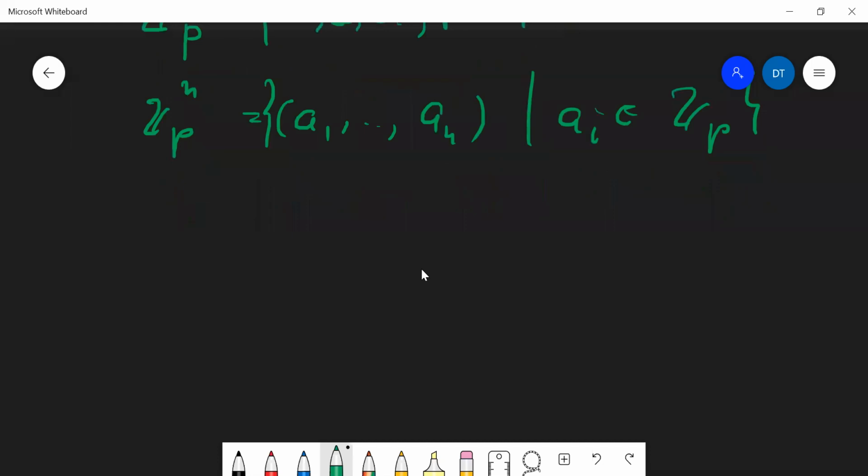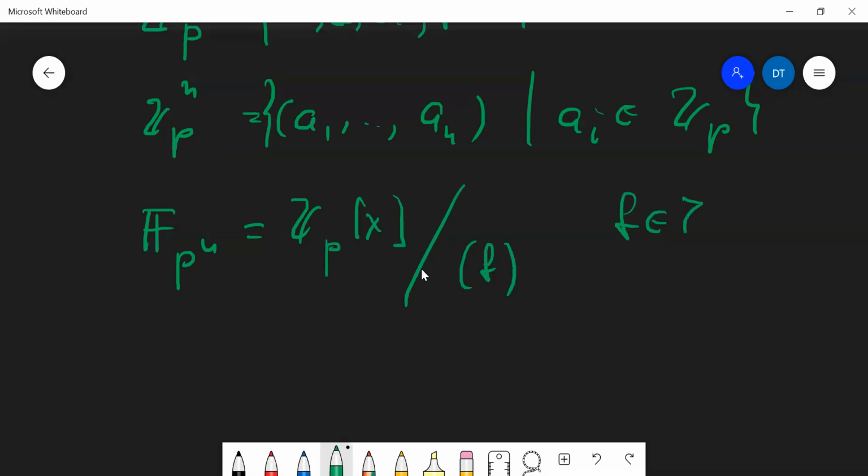Well, here is the plan. You take F_p^n. You produce it as a quotient ring, Z_p[x] quotient by f, where f is an irreducible polynomial in Z_p[x] of degree n.